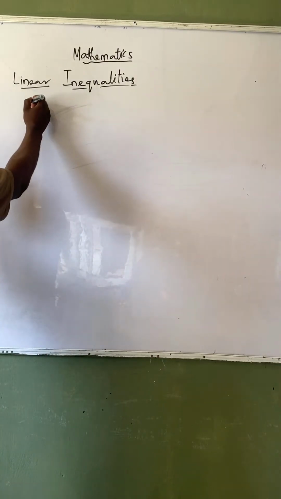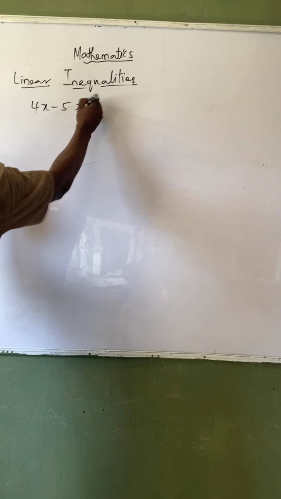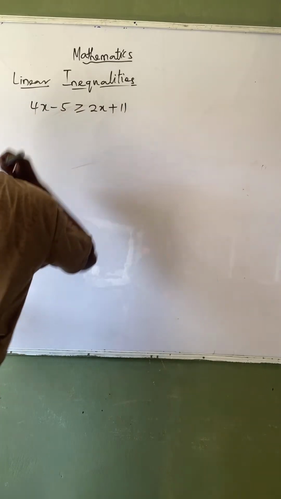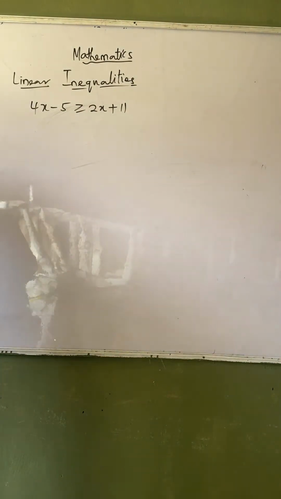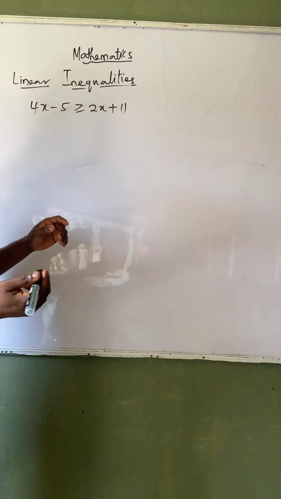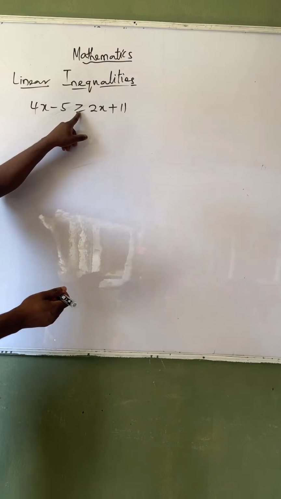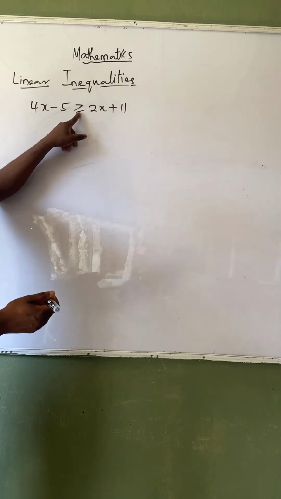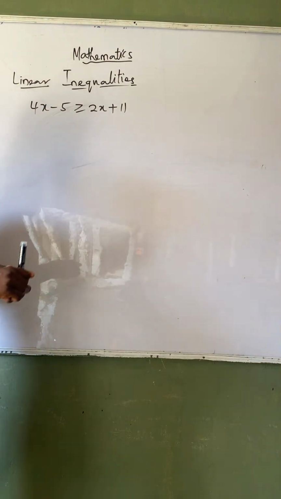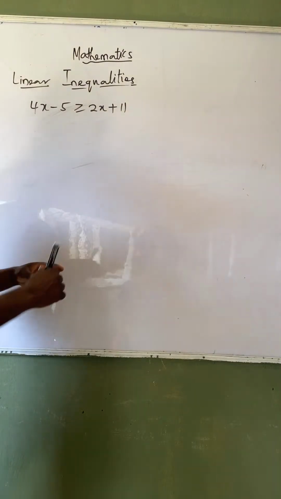So we have 4x minus 5 greater than or equal to 2x plus 11. Let's solve this first. Now, this is like a linear equation. It will be an equation if this is an equality sign, but it's still the same idea. So just see this as an equality sign, but inequalities have their own rules that you must follow.